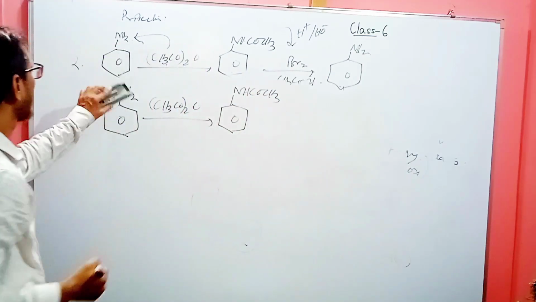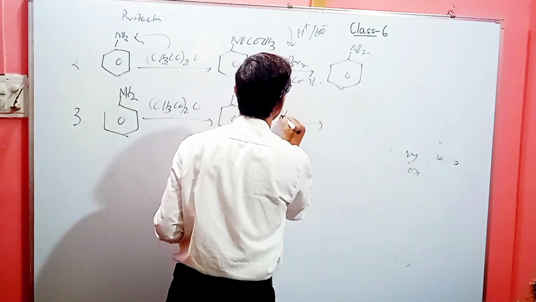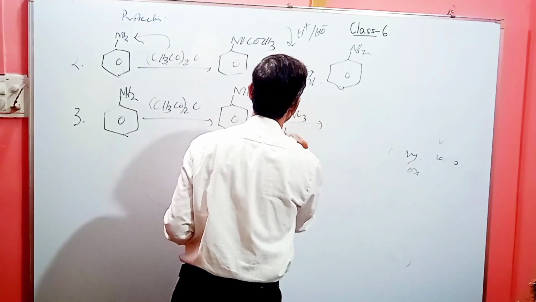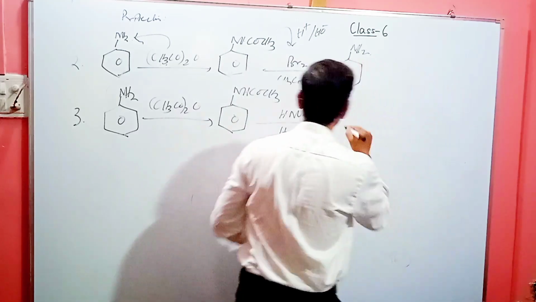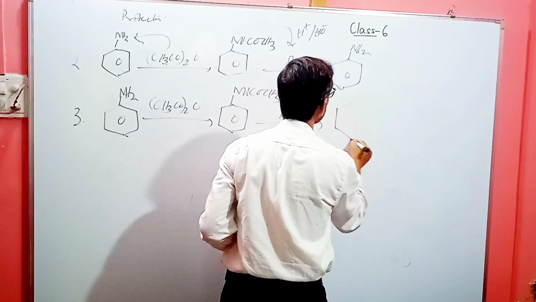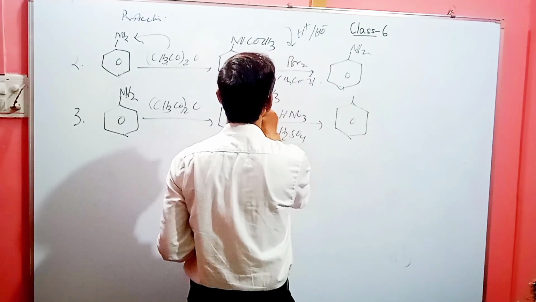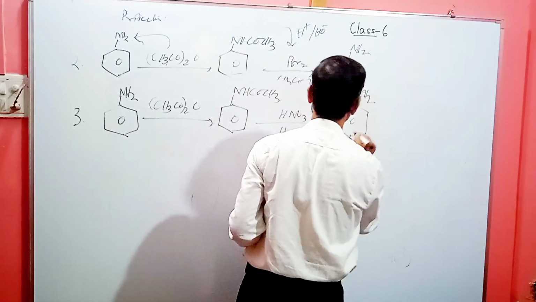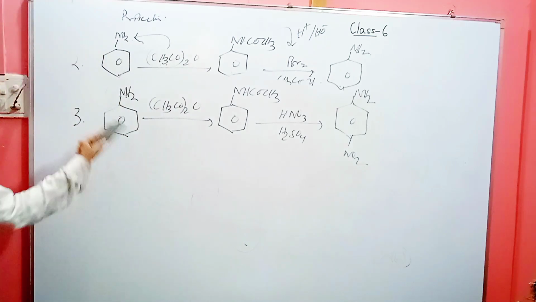That's why the activity of the NH2 group is decreased. And if we now use the nitrating mixture, the nitro group comes, and on acid or base hydrolysis, I am not showing this part, it gives you the amine, and major nitroaniline appears.